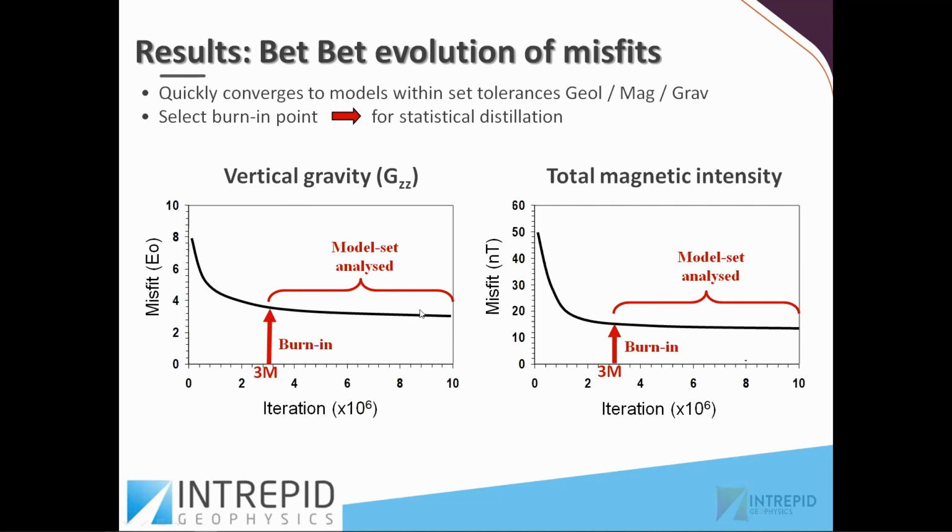And this portion here indicates the burn-in point, which reflects that the misfit is going almost horizontal, and there's not much variation in this region. That indicates that we were able to reach the optimum possible model, and our model is not changing after that.